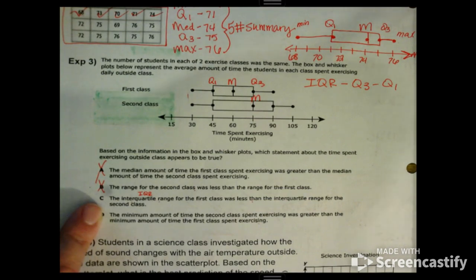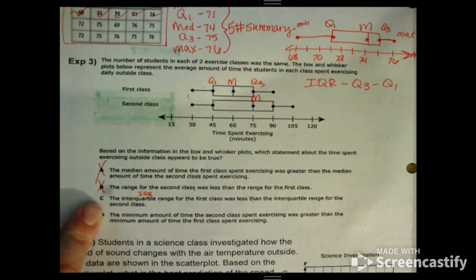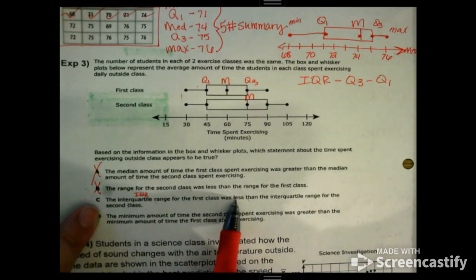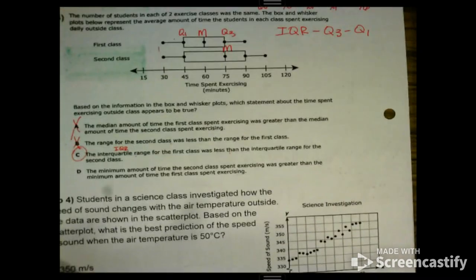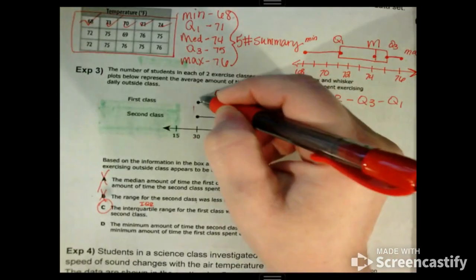The second class is larger. Okay. So is the box of the first one less than the box of the second one? Yes, that's our answer. I know, but I needed them to come to that conclusion. You're doing a great job. Proud teacher. All right, the minimum amount of time the second class spent exercising was greater. No, they have the same minimum, right? Yep. Okay, so right now, Kobe was the only one answering my questions.